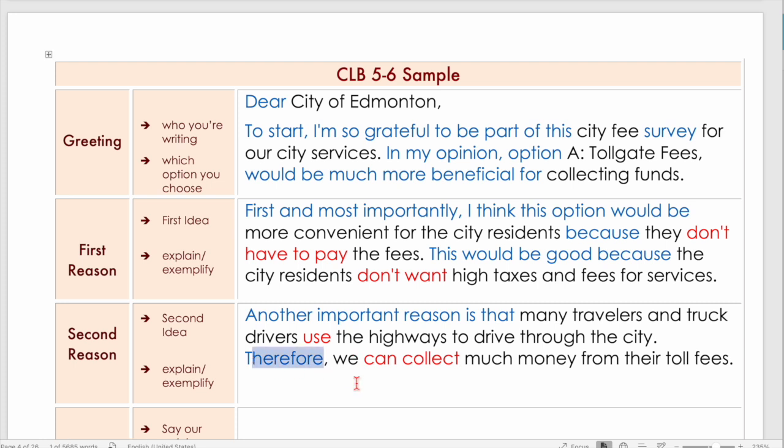So we can collect. That's a very good reason as well. We can collect from their fees. If many travelers and truck drivers use the highways, we can collect much money or more money because they will pay more. So very good, everyone. We gave two good reasons here. Okay.